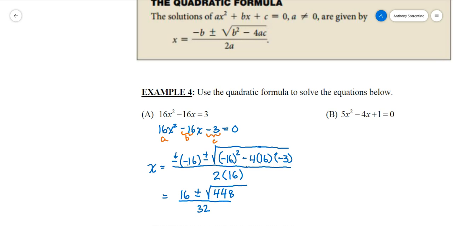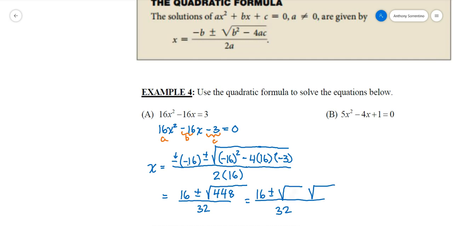The 16 and 32, I could do some cancellation with that as long as I have the same factor for the square root of 448. 448, I could rewrite it as the product of two different square roots. The biggest perfect square that comes out of 448 is 64.